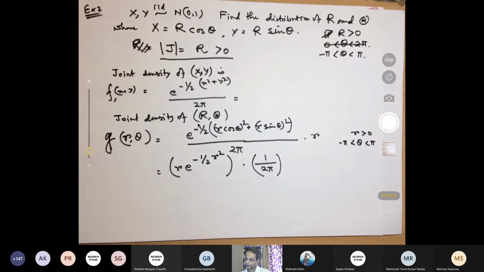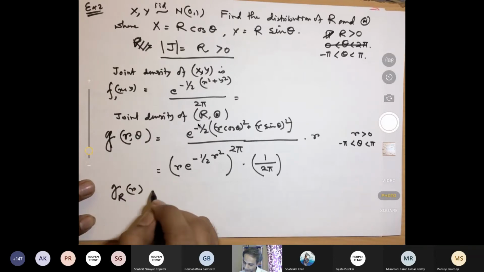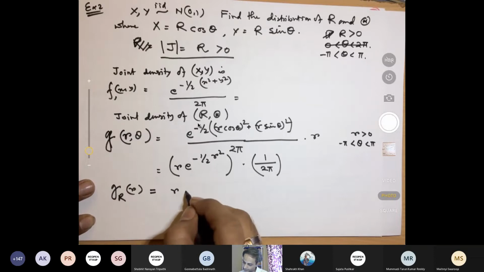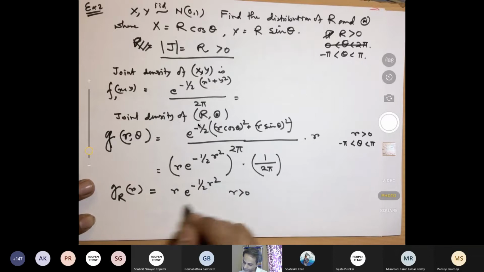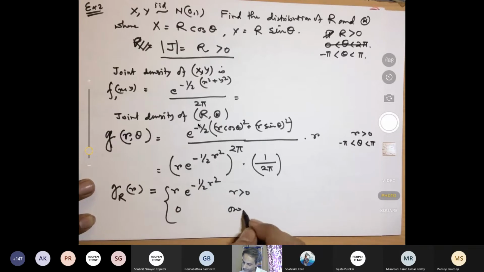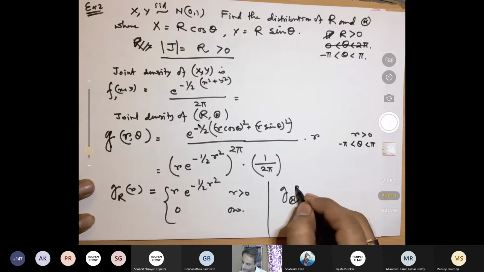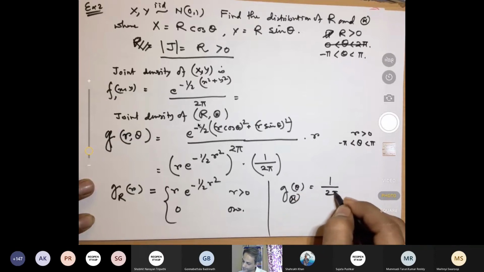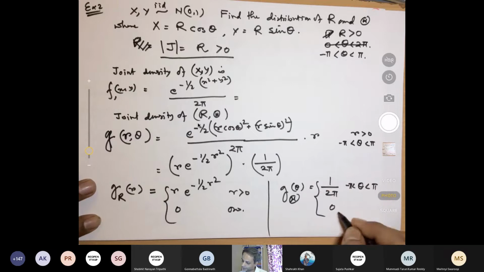From here we can say that the marginal density g_R is r times e to the power minus half r square when r is greater than 0, 0 otherwise, and g of theta is 1 by 2 pi, where theta belongs to minus pi to plus pi, 0 otherwise. So theta is following a uniform distribution.